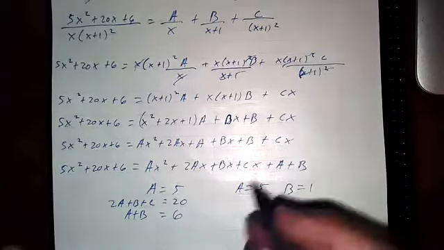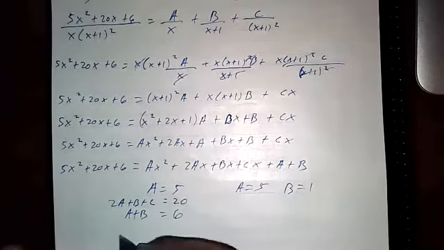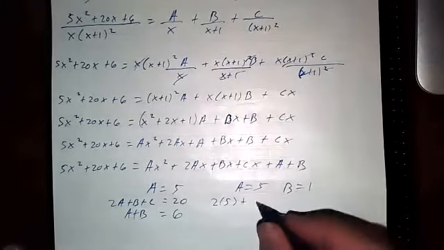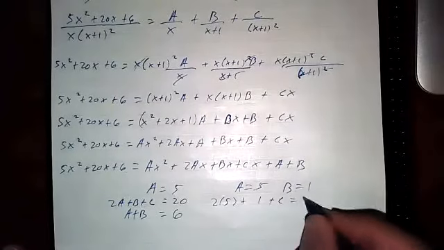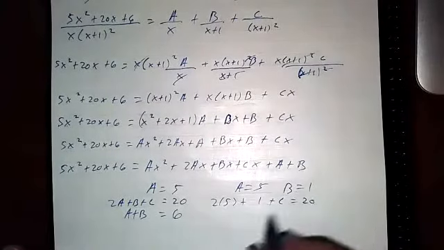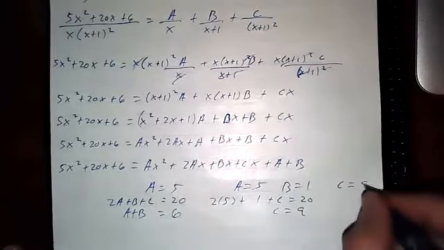Sorry, got lost in thought there. So plug in the a and b and see what's going on here. So 2 times 5 plus 1 plus c is equal to 20. So 2 times 5 is 10 plus 1 is 11. Subtracted over, c is 9. Yeah, that's right. Okay.